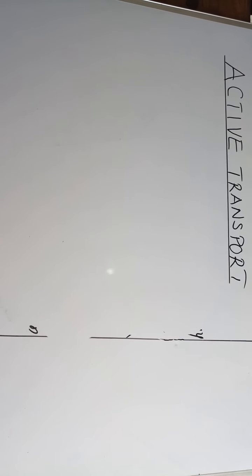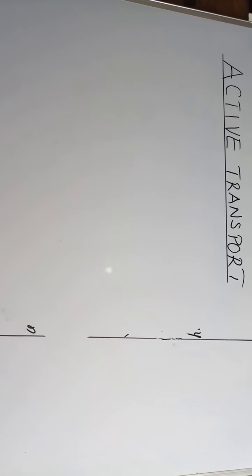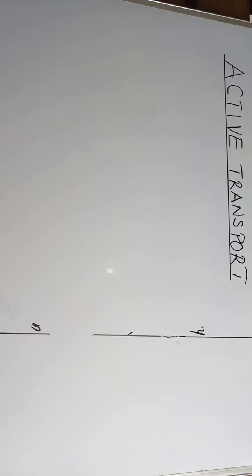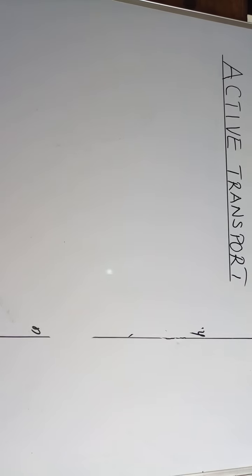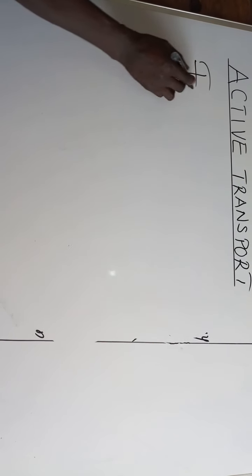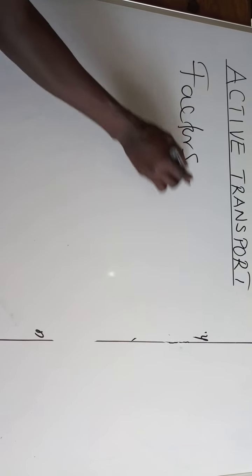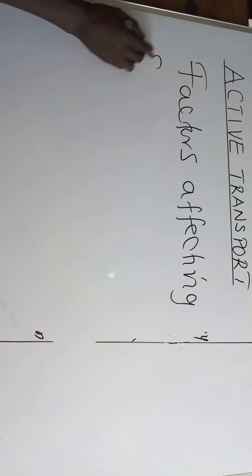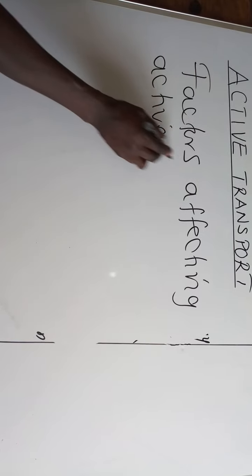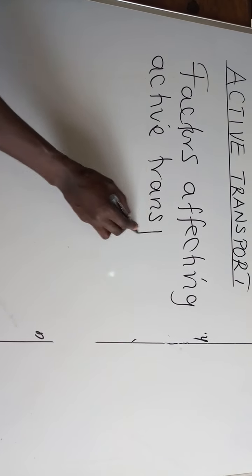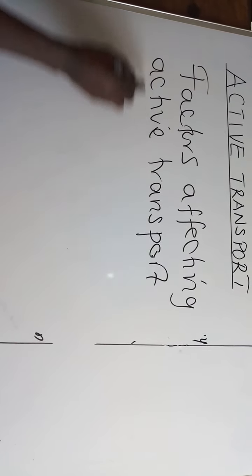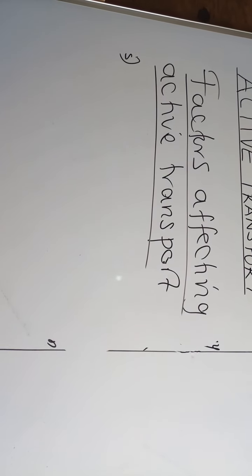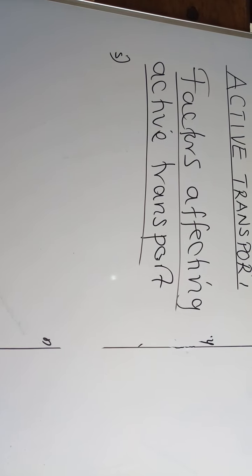Fine, then what are the factors that affect the rate of active transport? That is, what are the conditions that will make active transport fast or slow?